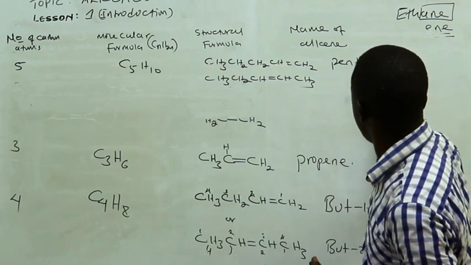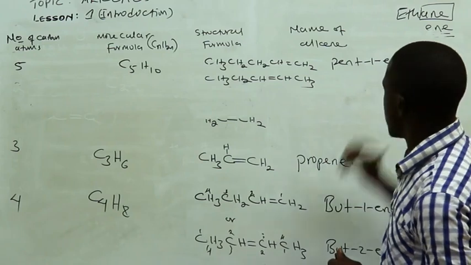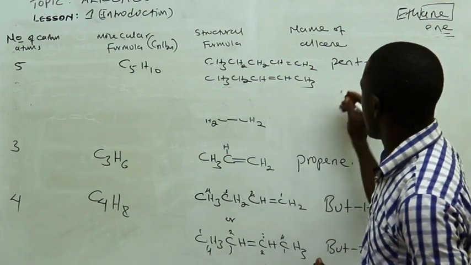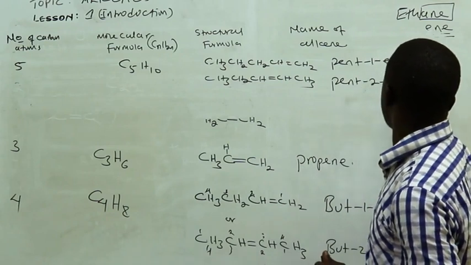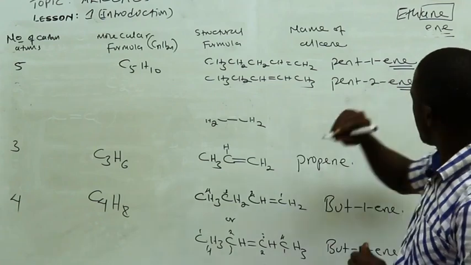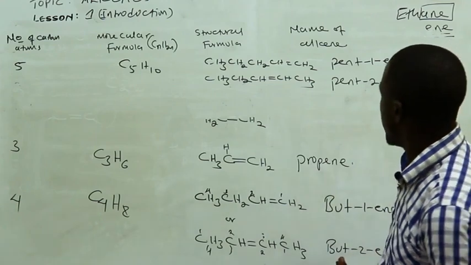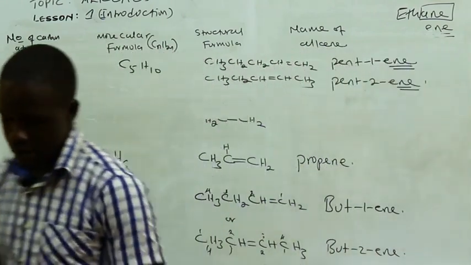So pent-1-ene. This is what shows that it's an alkene. Then this one should be pent-2-ene. This is what shows that it's an alkene, but the double bond is on position 2 of the carbon atoms. Here the double bond is on position 1.